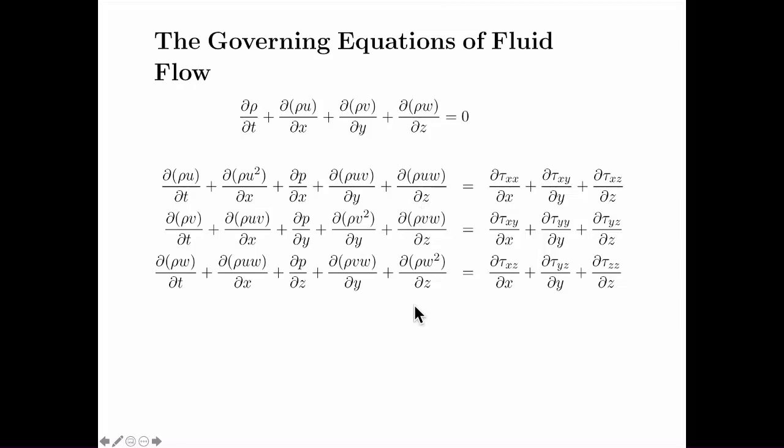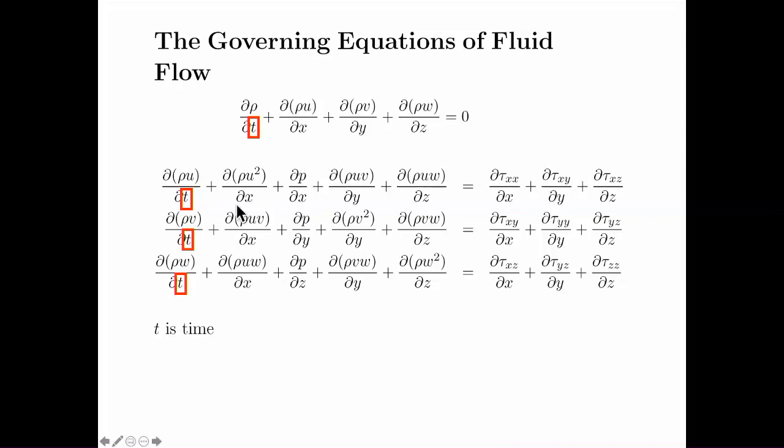Now let's have a look at the different variables that we have here. You can see that there is t here, and this is basically time. If I look at this term here, it's saying that there is a change in density with time.